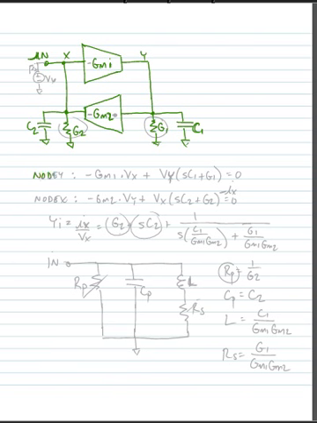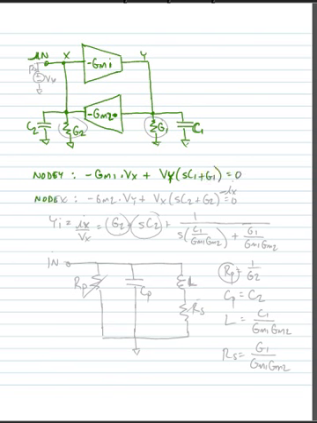So we'll start at node Y. Here we have minus GM1, and we'll give both of these transconductors negative transconductance values. So you'd have minus GM1 times Vx plus Vy times (SC1 plus G1) is equal to 0.